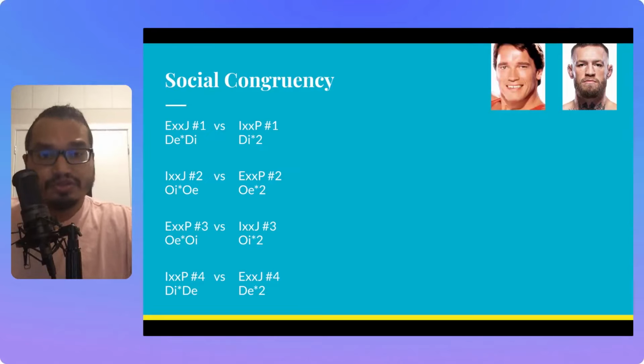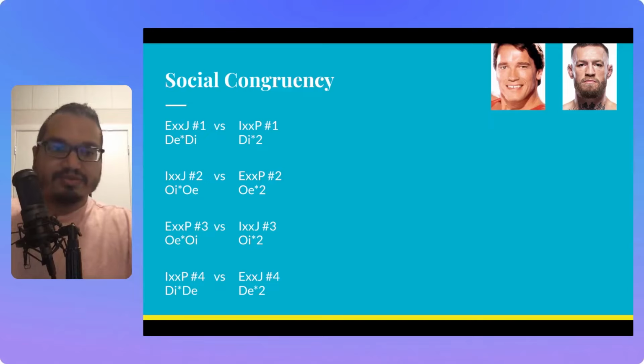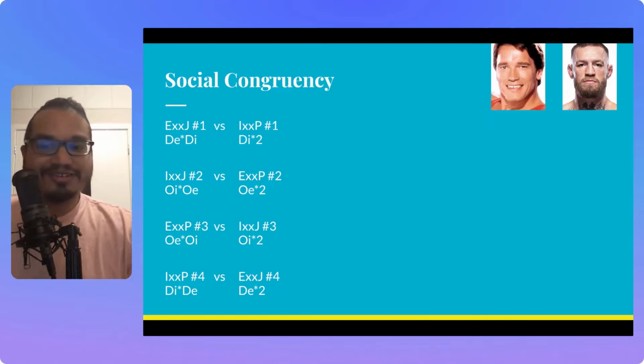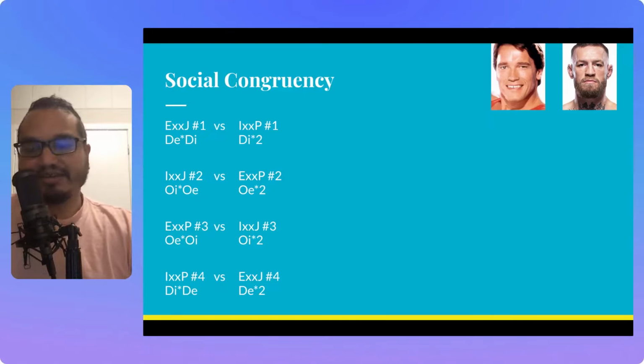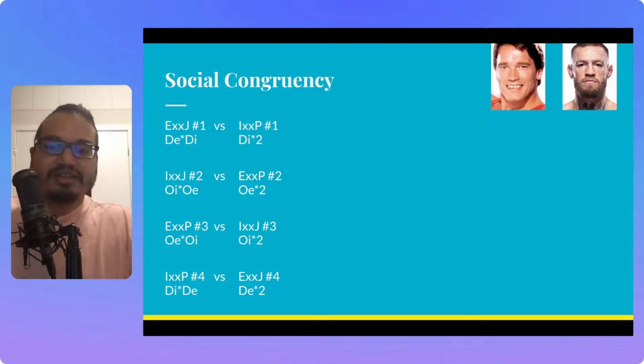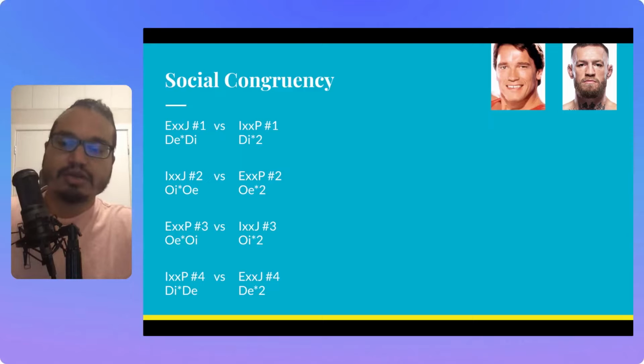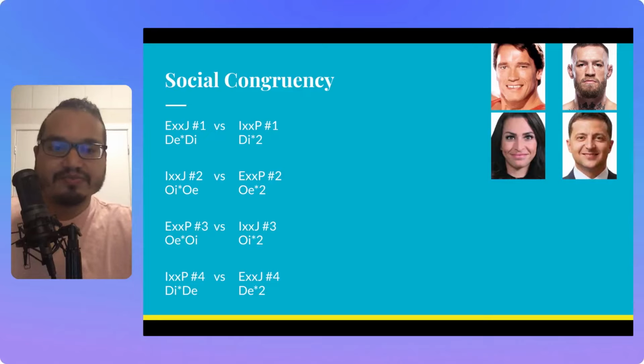Okay, so the first example we have here is Arnold Schwarzenegger and Conor McGregor. So Conor McGregor is the IP, Arnold is the EJ, and they're both kind of successful, if you could say that. It goes to show that whether you're congruent or incongruent, you'll definitely find your way as a number one in that case.